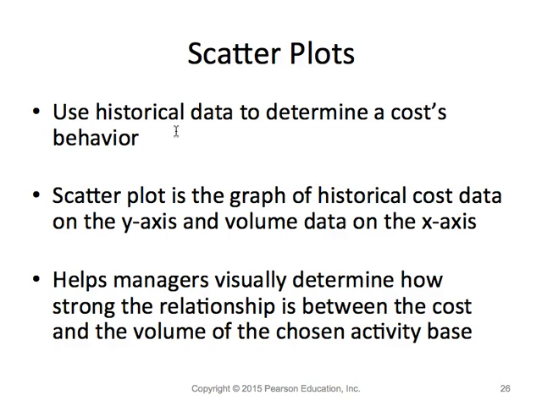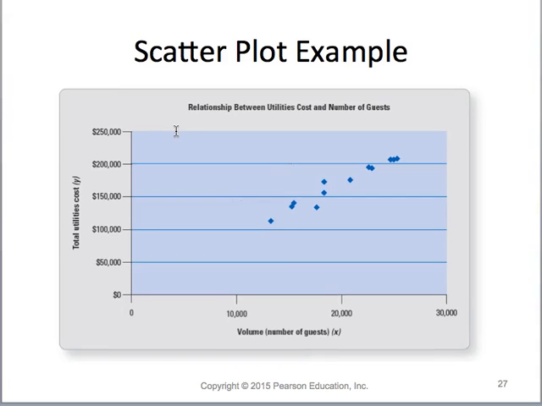A scatter plot is the graph of historical cost data on the y-axis and volume data on the x-axis. It helps managers visually determine how strong the relationship is between the cost and the volume of the chosen activity base. So here it is. At a certain volume, we have a certain cost. You see here it's not a very straight line, but basically it's a pretty straight line.